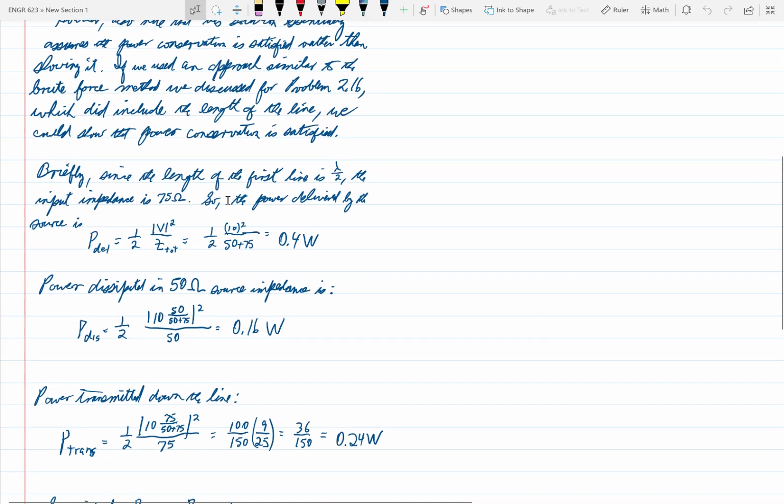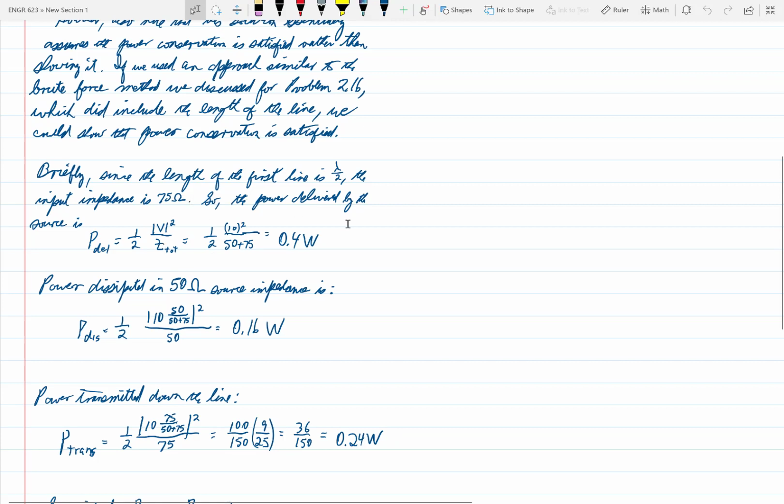Since the length of the first line is lambda over 2, the input impedance is the same as the load impedance. The load here is that second transmission line, which has a characteristic impedance of 75 ohms. So the input impedance to the first line will be 75 ohms.